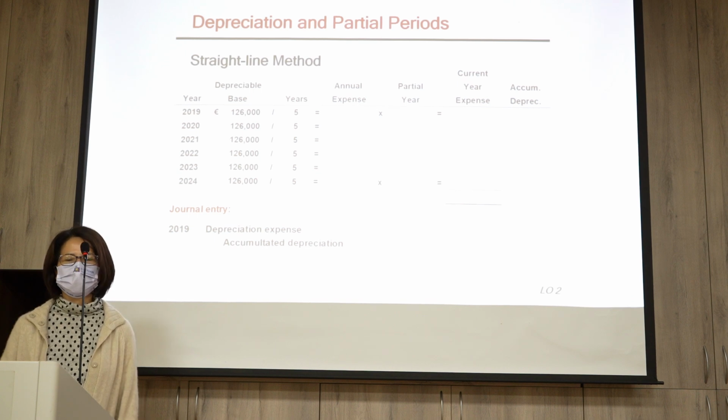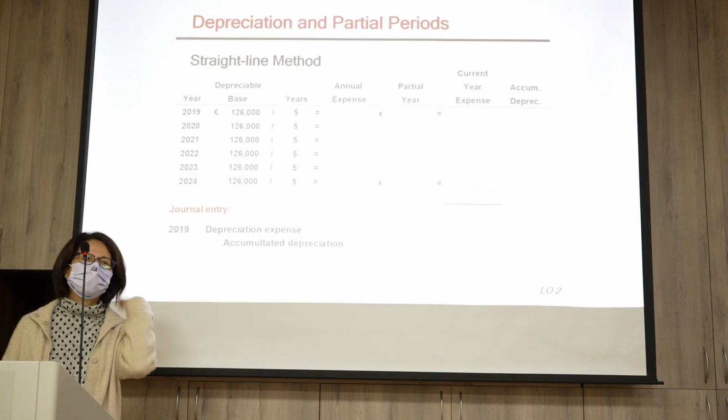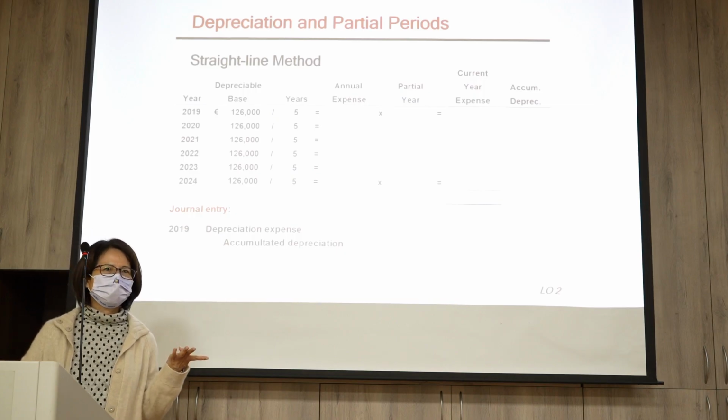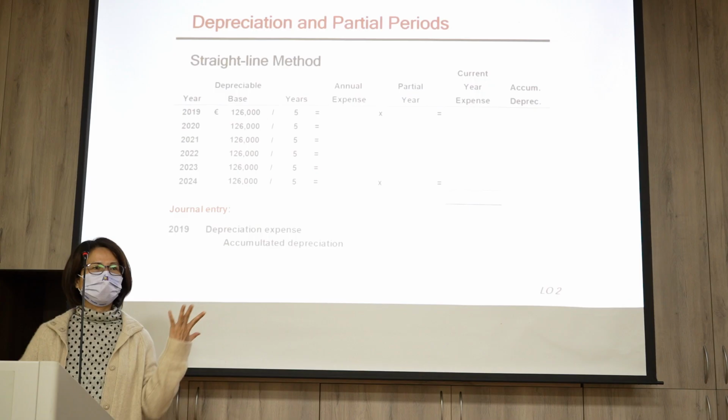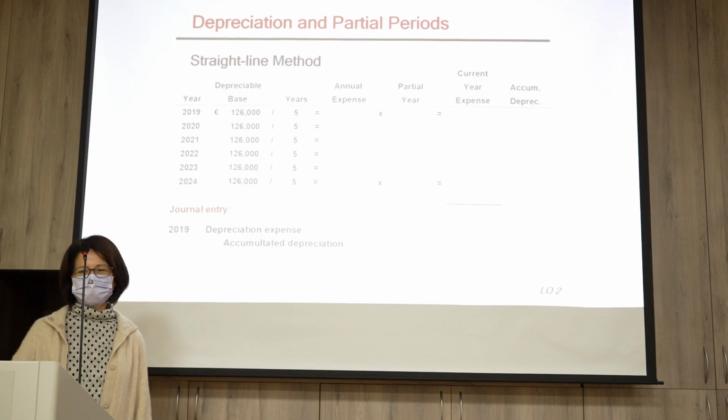Let's quickly look through the depreciation for the partial period. Now here we apply the straight line method. The asset is purchased on August 1st. So therefore, how many months are going to be depreciated? 5 months. Yes, so we only do 5 months.